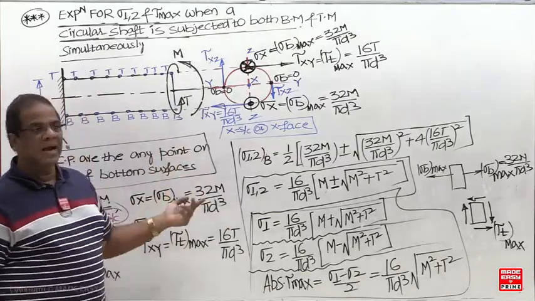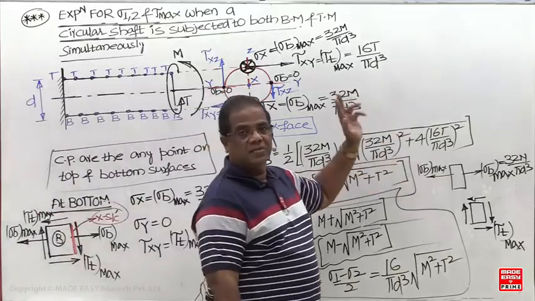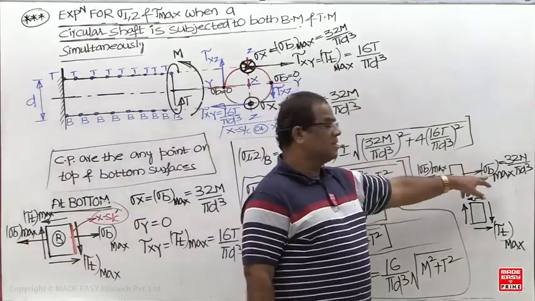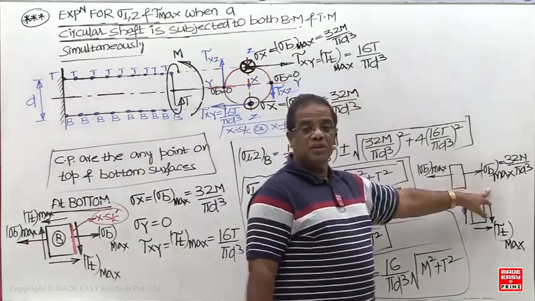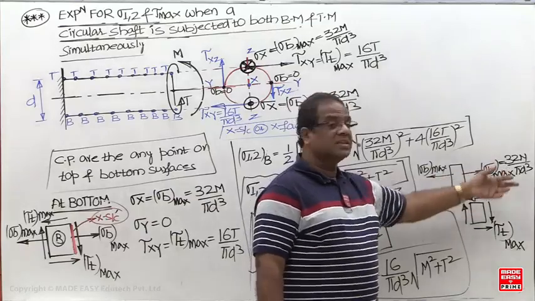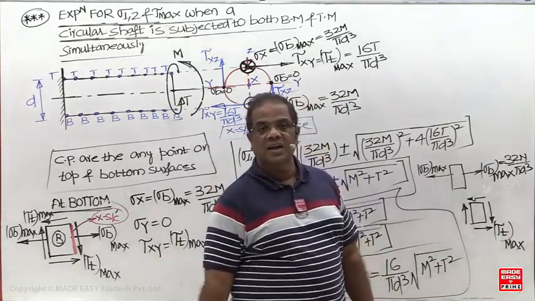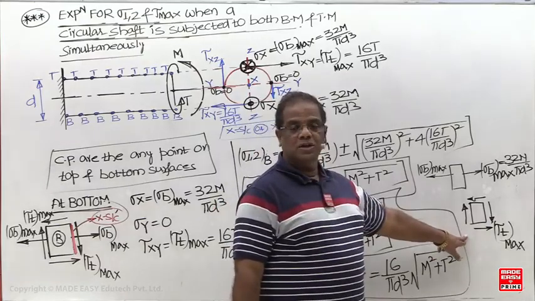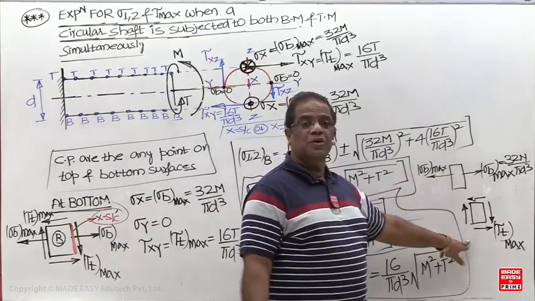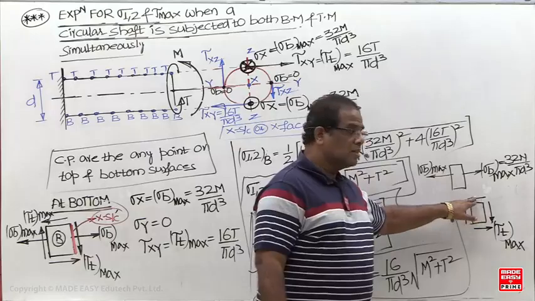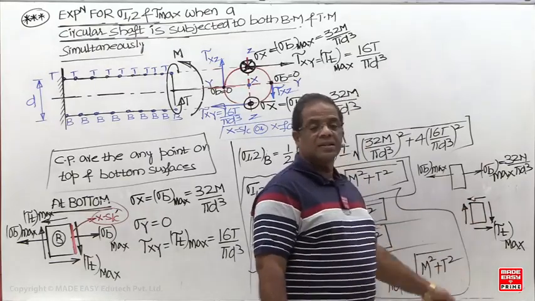When only bending is acting, this is the state of stress, and you can directly give the answer. Sigma 1 is 32 M by pi d cube, sigma 2 is 0, and tau max is 16 M by pi d cube. When you studied the bending equation, it was clearly written. And this is pure torsion, that is pure bending. Here you know directly: these two are the tau max planes and the diagonals are the principal planes.